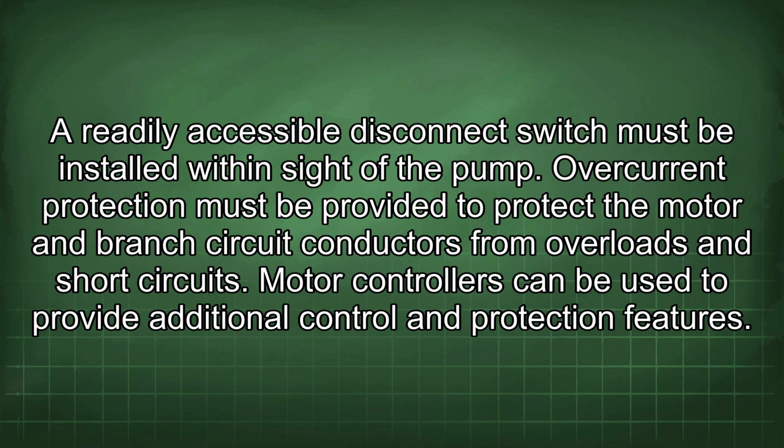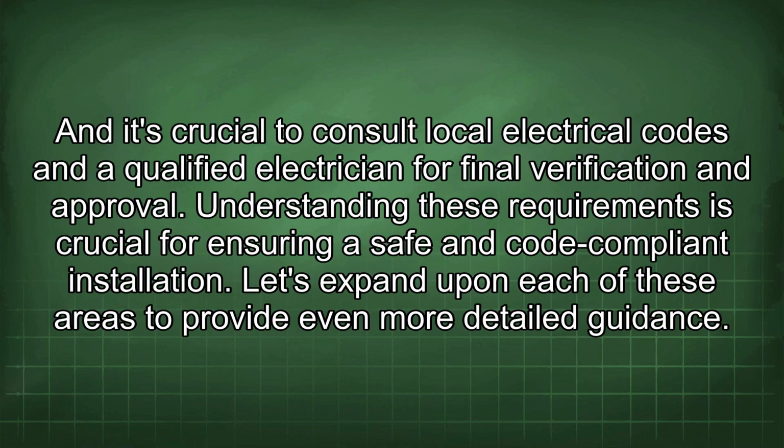Overcurrent protection must be provided to protect the motor and branch circuit conductors from overloads and short circuits. Motor controllers can be used to provide additional control and protection features, and it's crucial to consult local electrical codes and a qualified electrician for final verification and approval. Understanding these requirements is crucial for ensuring a safe and code-compliant installation.